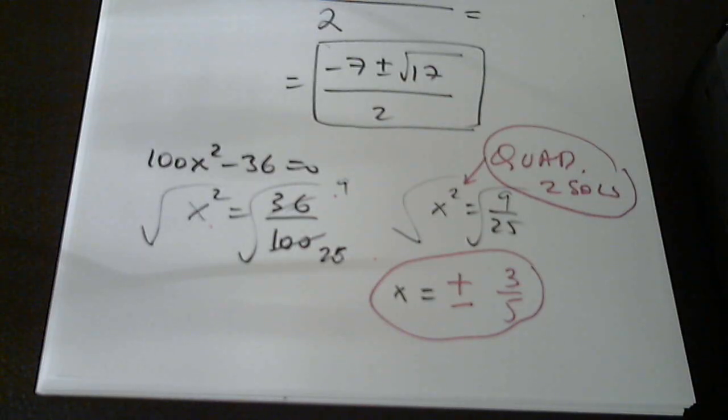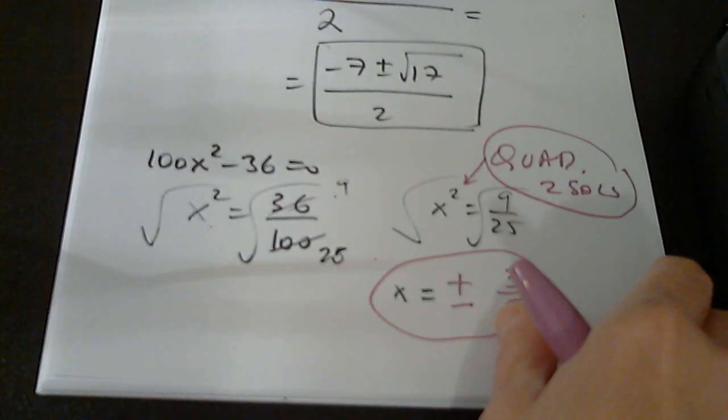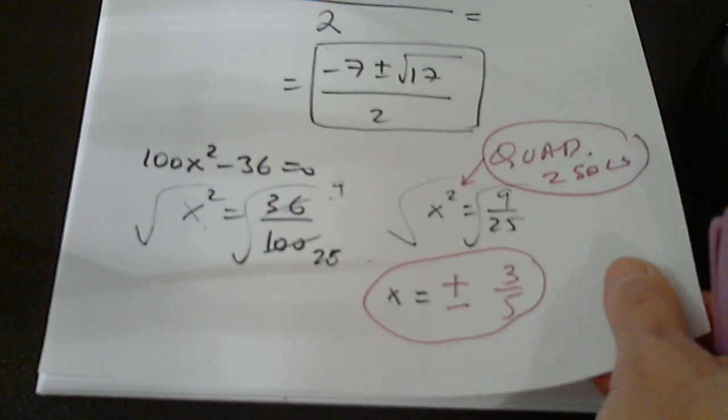Next one: solve the quadratic equation by the square root property. What will you do first before you take the square root from both sides? Remember always, you must clean it up. Divide by 3. Exactly. First you have to write x squared equals 4 and then take the square root from both sides.